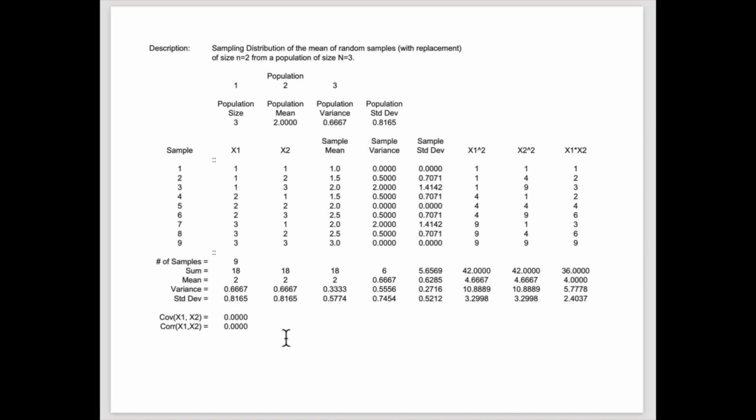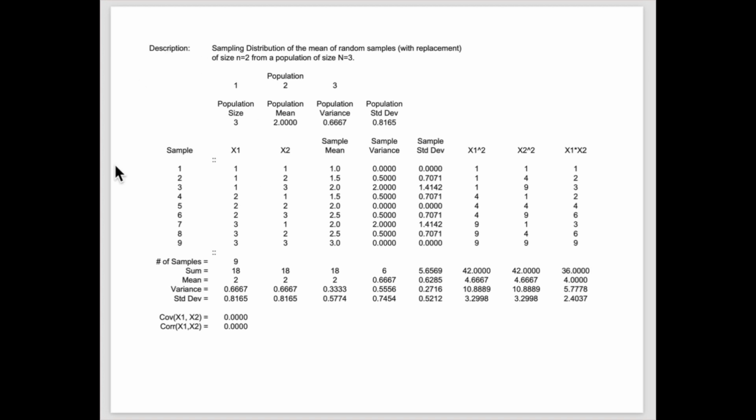And once you've done that, then this spreadsheet can serve as a template for doing the same kind of calculation for other examples that we may look at. And all you would have to do, if needed, is to either take out rows here or add rows to accommodate the total number of samples that are possible in a given situation.